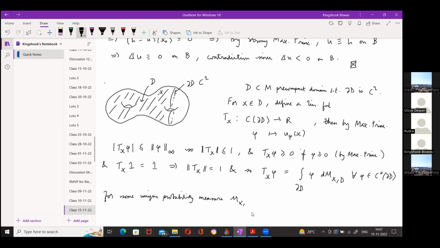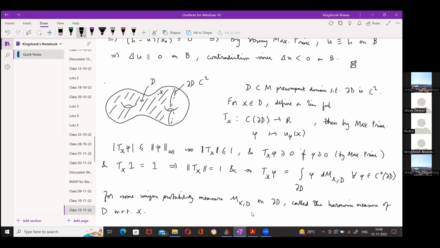μ_x on the boundary of D, called the harmonic measure of the domain D with respect to the point x.